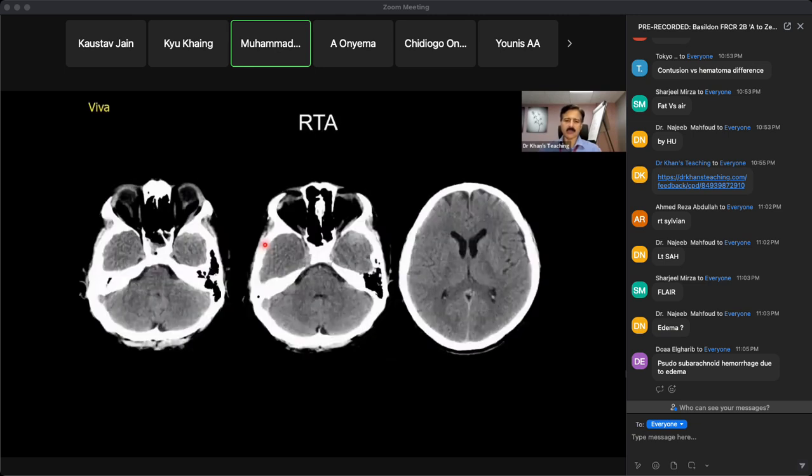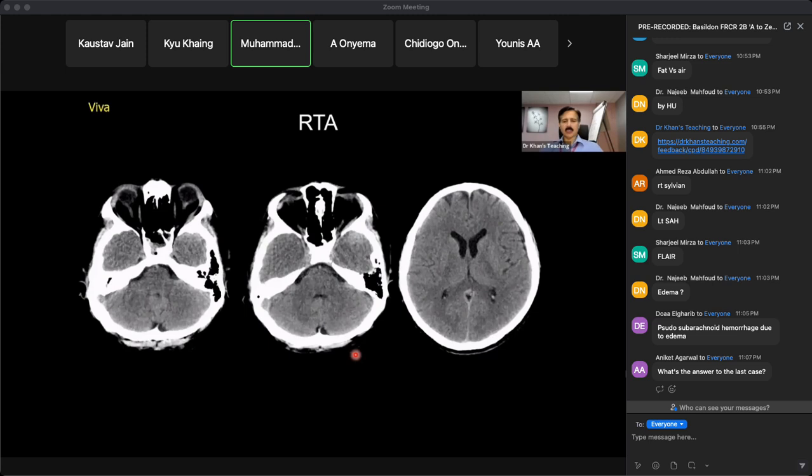That was fine. Is there an extradural hematoma in this case? On the left side, there is some air density. Temporal, middle cranial fossa.